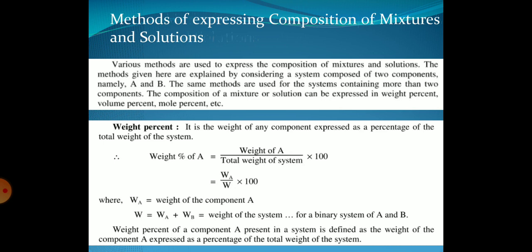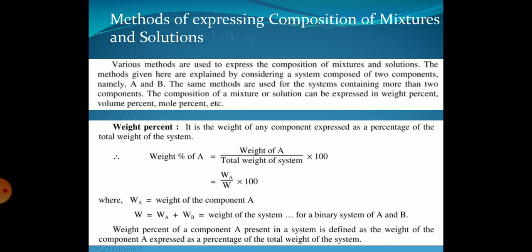Here, if we consider two components A and B, the total weight of system will be the addition of the weights of both components A and B. So WA is the weight of component A and W, that is the total weight of system, will be WA plus WB, weight of component A plus weight of component B, as far as a binary system is concerned.